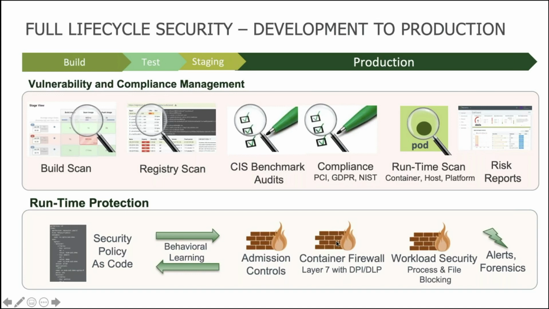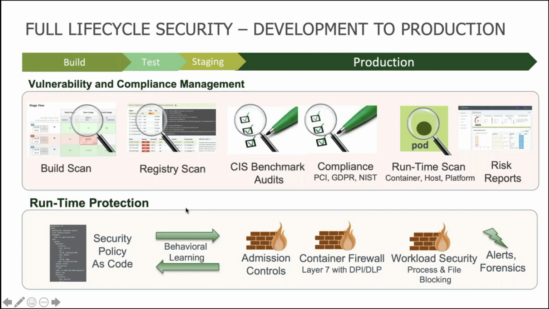But we also support the ability to inspect the container and the host for process and file security, to block unauthorized process and file activity. And in order to prevent unauthorized containers from being deployed, there are admission controls.